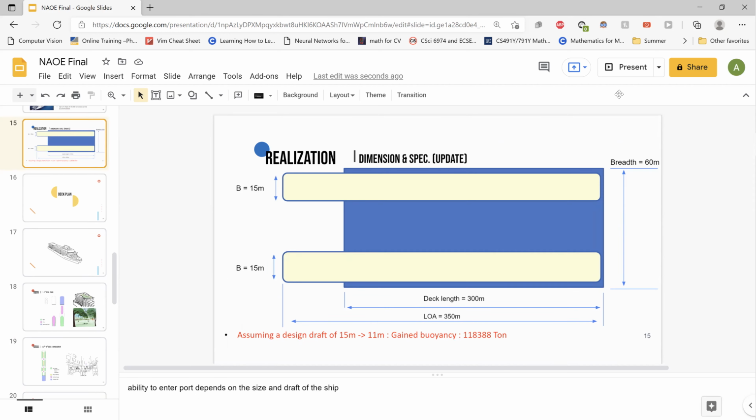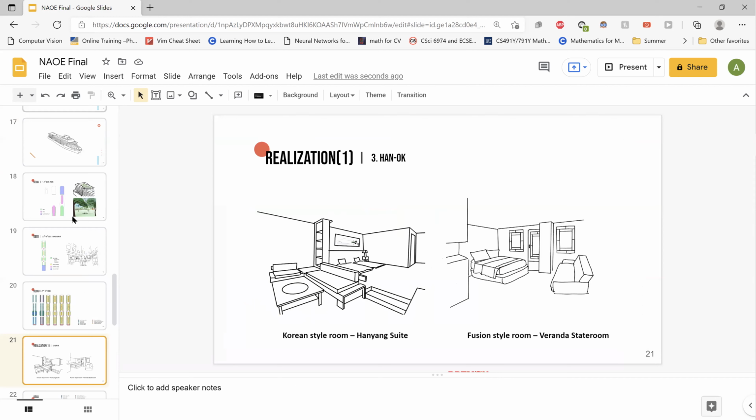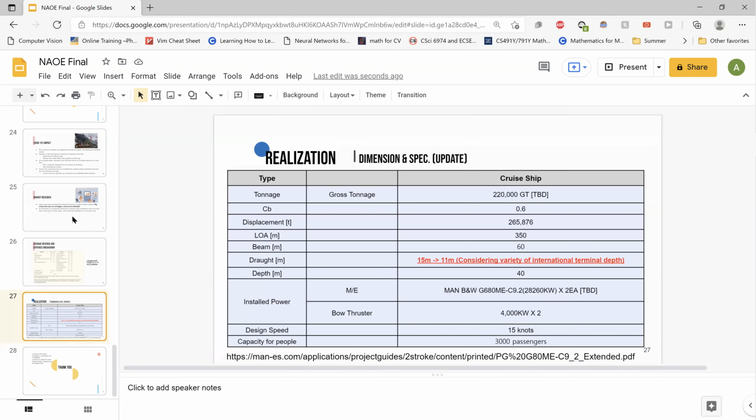At the bottom, you showed us buoyancy of about 120,000 tons. But then you showed on page 27 about 220 GT.